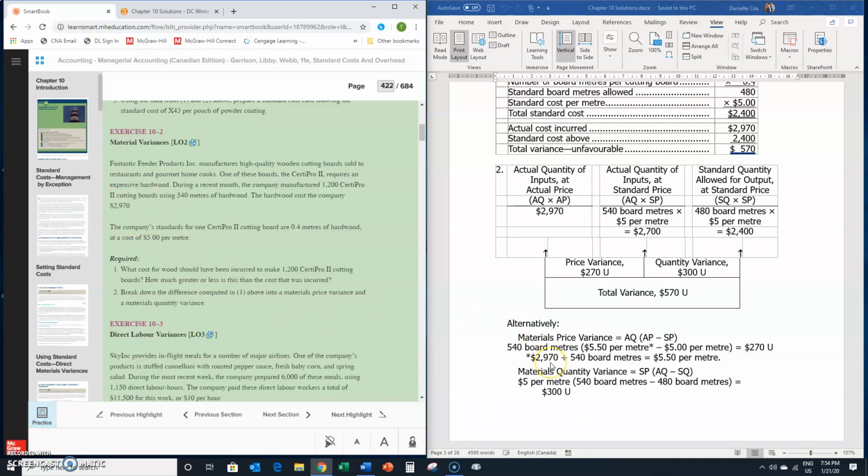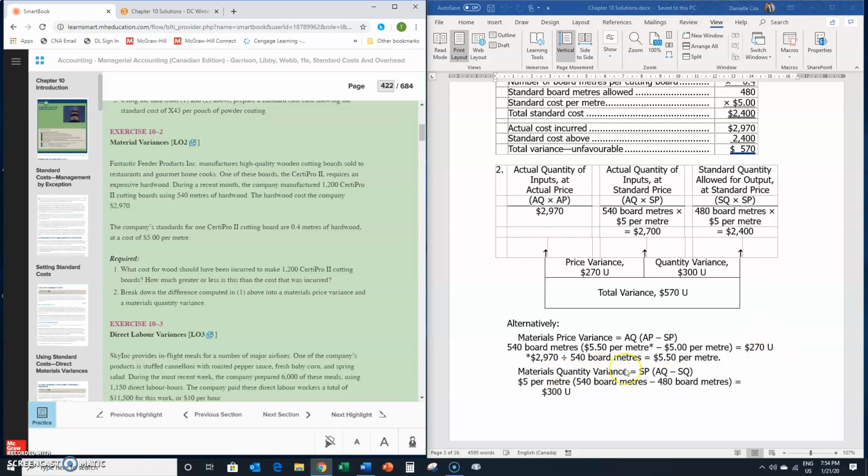So if you take the total amount, $2,970, and you divide it by the actual number of meters that were used, you'll get $5.50 per meter. So actual price, $5.50 per meter, minus standard price, which we're given at $5 per meter. You do the math, you get 270. If the number is positive, it means unfavorable.